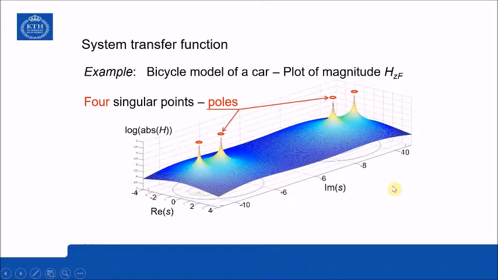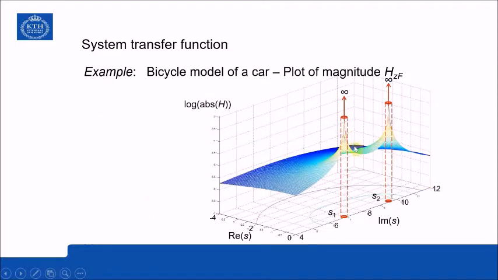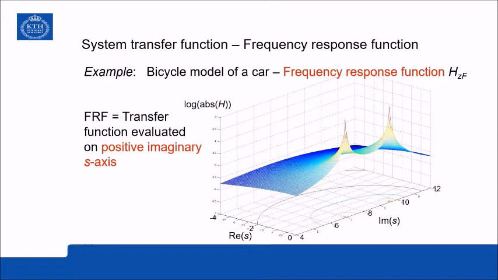So let's now zoom in on this part of the function. Here you can see that the S1 and S2 poles are displaced from the imaginary axis with a small real part, as we saw from the numerical example. So what does this correspond to, and how do you interpret these things? Well, let's start with the frequency response function.